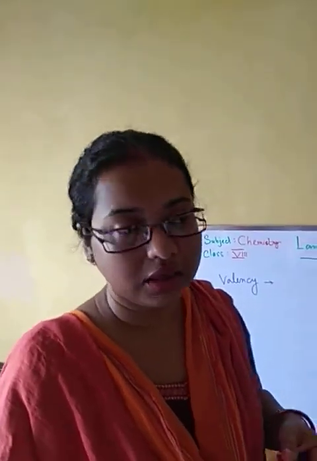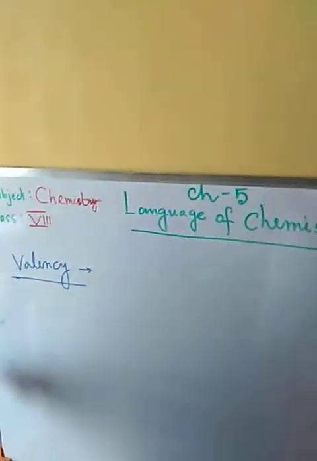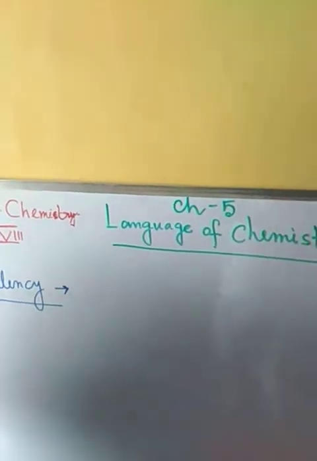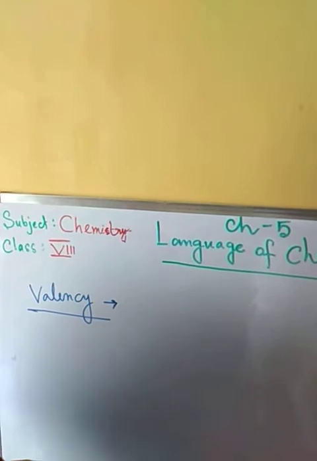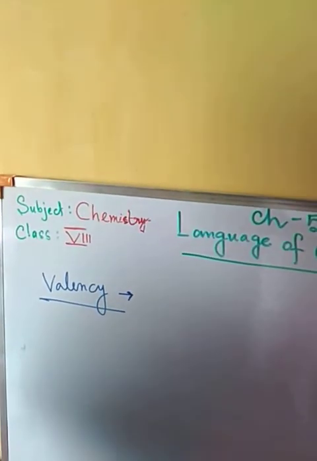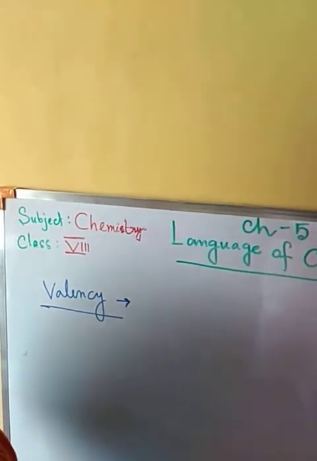Okay, now next come to valency. Valency is the combining capacity of any element. So with how many other elements one element is combining, through that we will be representing the valency of that element.